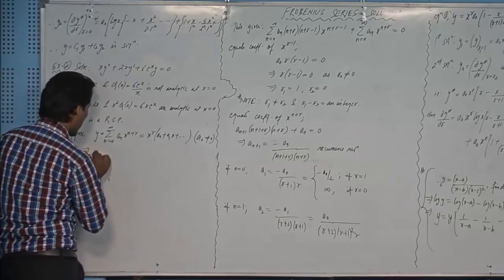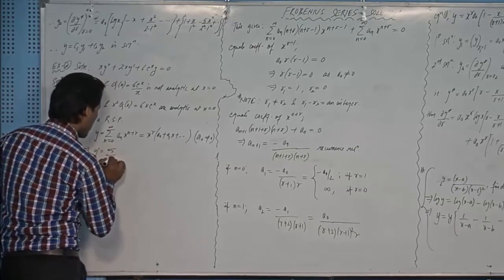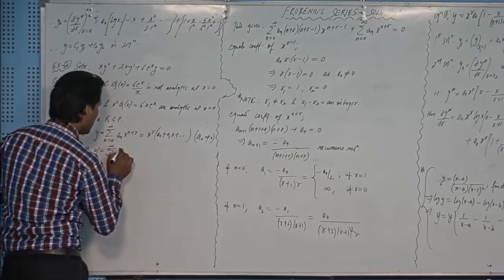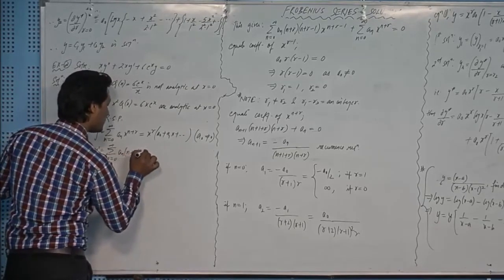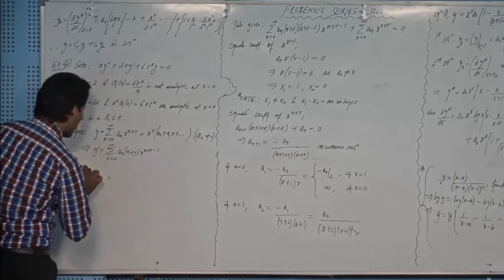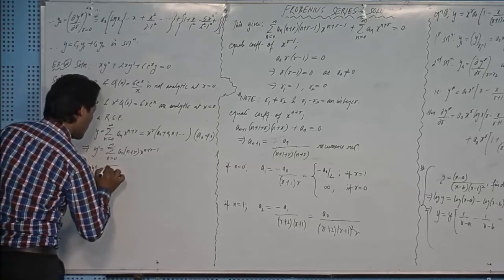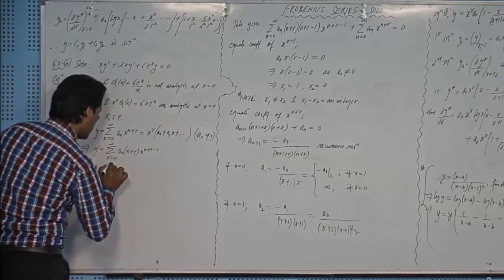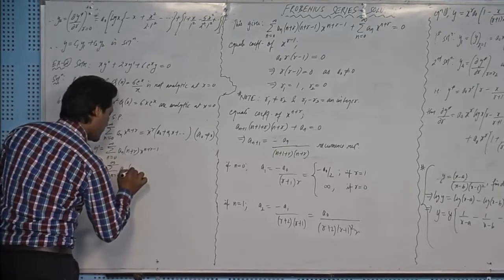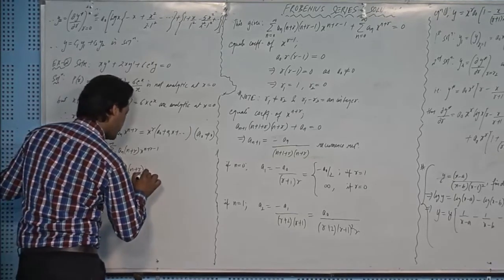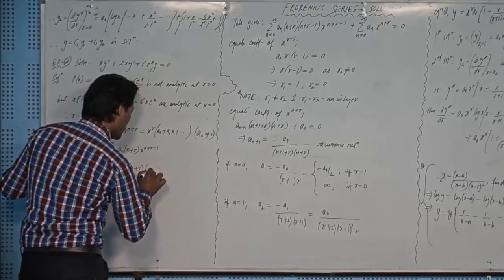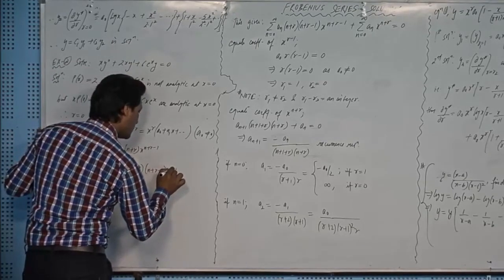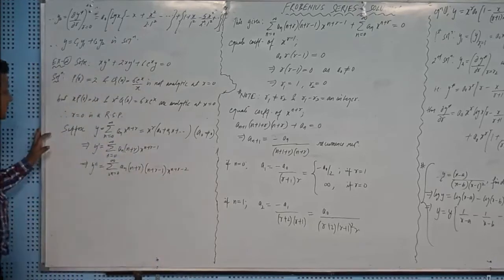That will be y dash equal to summation n equal to 0 to infinity a n (n plus r) x to the power n plus r minus 1, and its double derivative will be summation n equal to 0 to infinity a n (n plus r)(n plus r minus 1) x to the power n plus r minus 2.